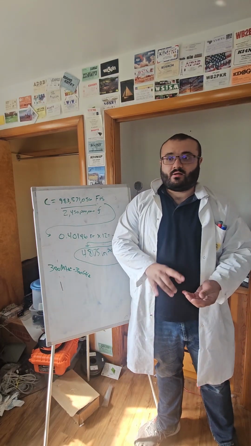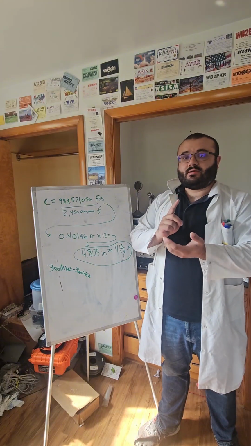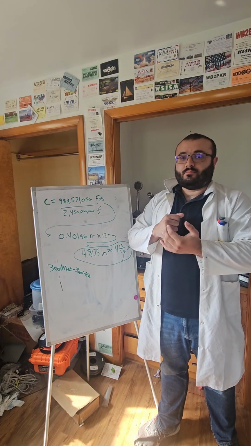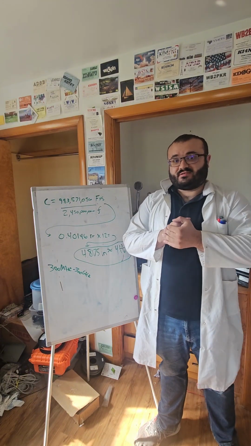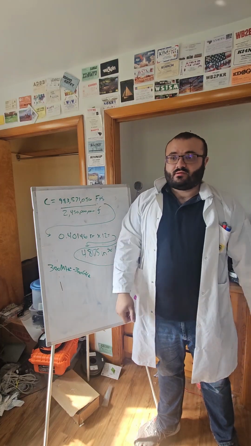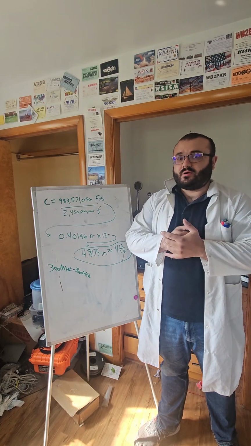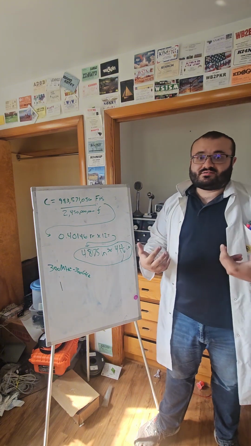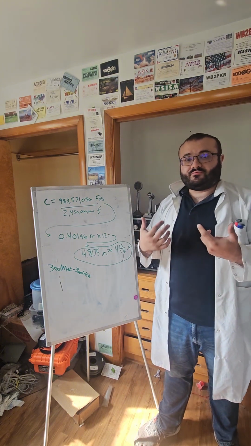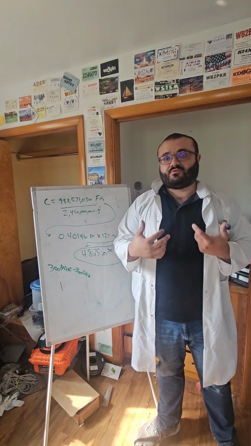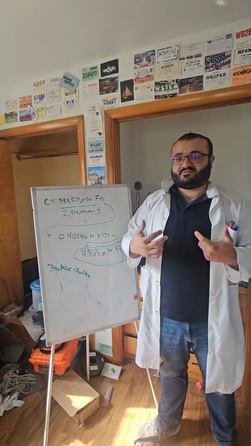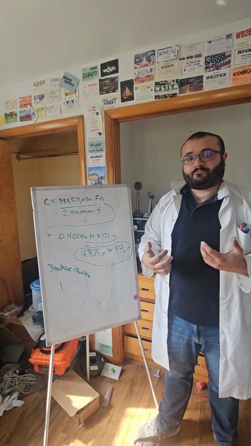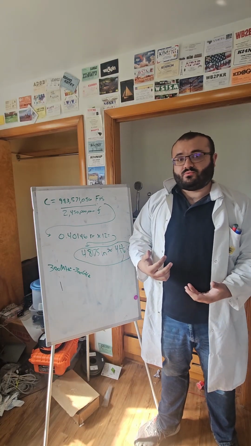So, while microwave ovens are both considered radio waves and microwaves, the ones you have in your kitchen are designed to run at 2.45 gigahertz, 2.45 billion cycles a second.